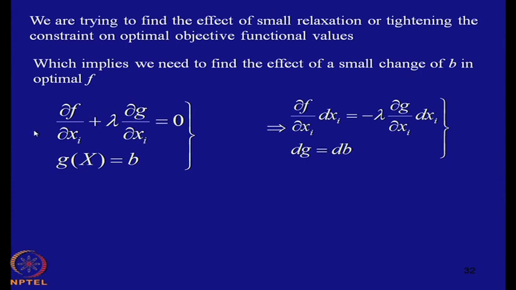It tells us that if we consider the gradient of the objective function, it is del f by del x1, del f by del x2, up to del f by del xn. And what about the gradient of the constraint? The gradient of the constraint would be del g by del x1, del g by del x2, and so on. Rather, we are applying the del operator on the constraint as well as the objective function. What we see is that the gradient of f is equal to minus lambda times the gradient of g.